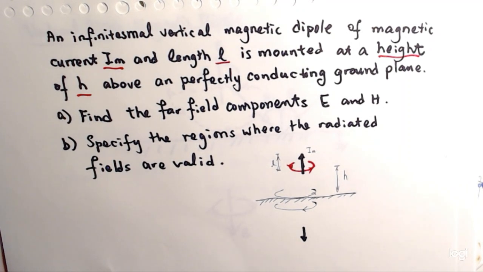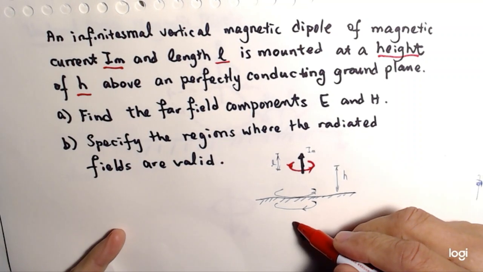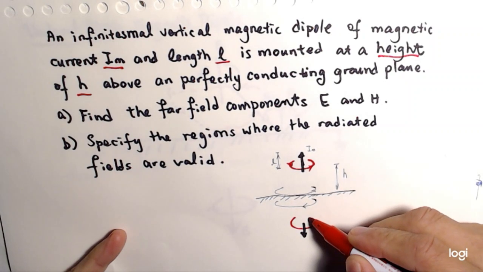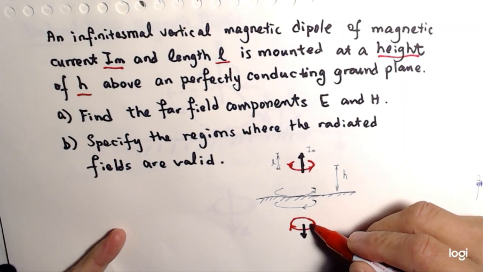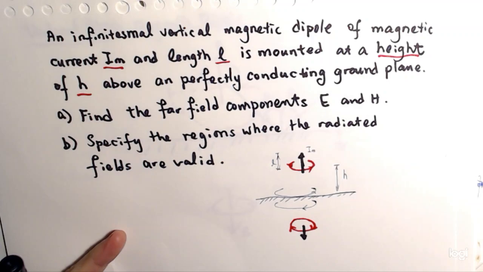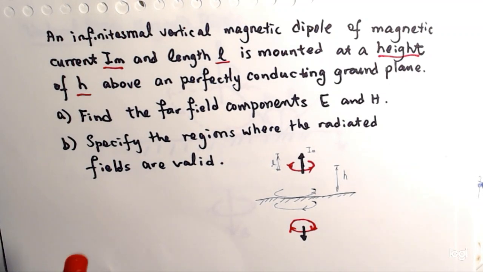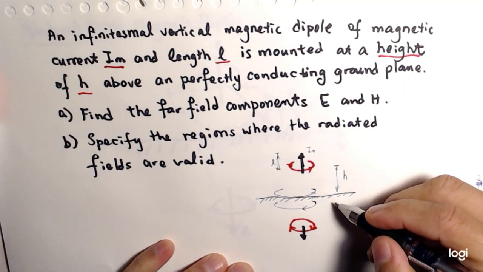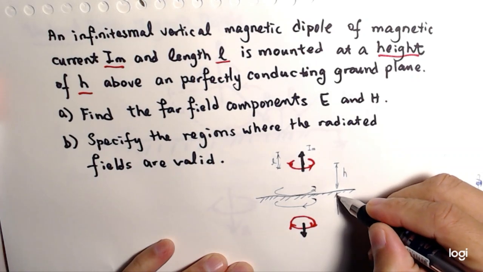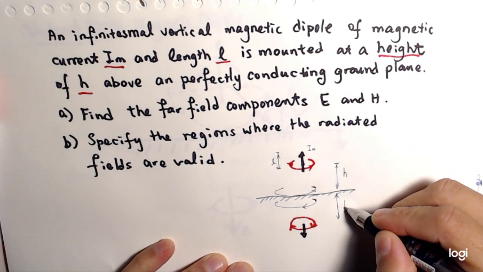And if you do that, then the current that produces this dipole will be opposite. And obviously, the position of this image dipole should be h below the ground plane.